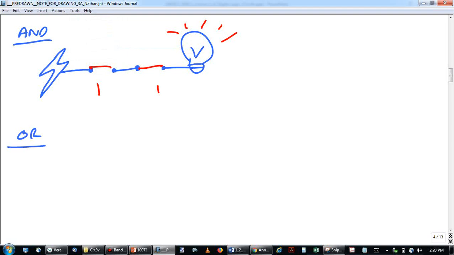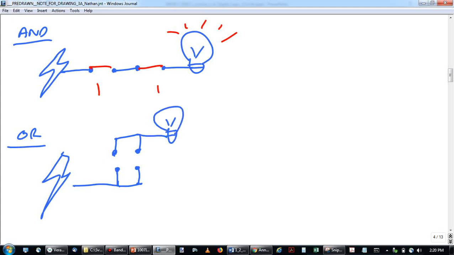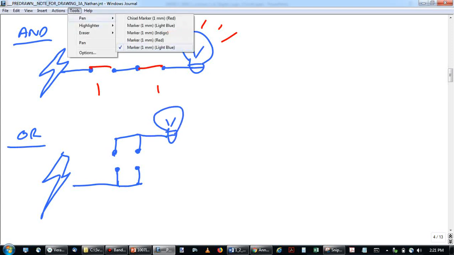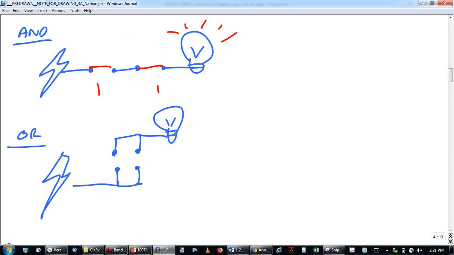So how does OR work? Very similarly, there's the power. Here is my logic. Here's my light bulb. And we'll do the same thing. They're both off at the moment. That's 0, 0. Do I get a light bulb on? No, there's no power flowing through.